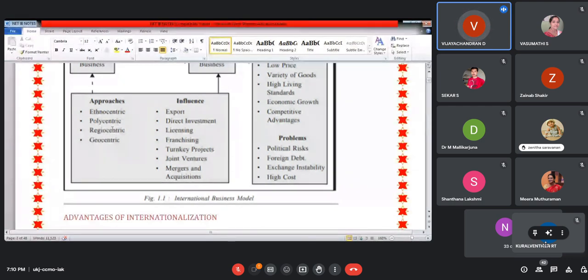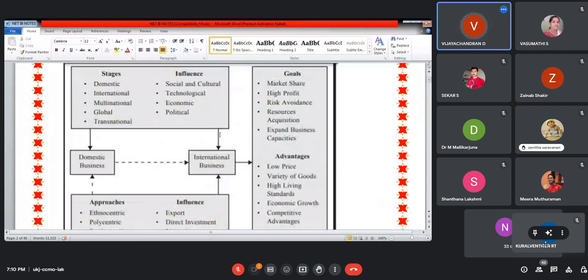Earlier I told you the mode, the way of entering into the international market, but these are approaches. From this chart only you can get 4 marks. That is the reason I have given it in a compiled way. We should not neglect the chart.